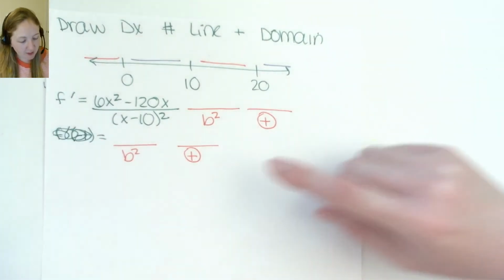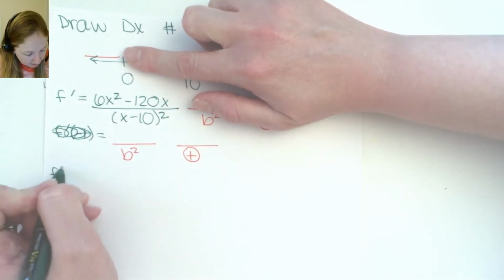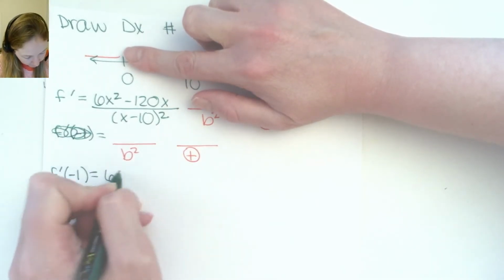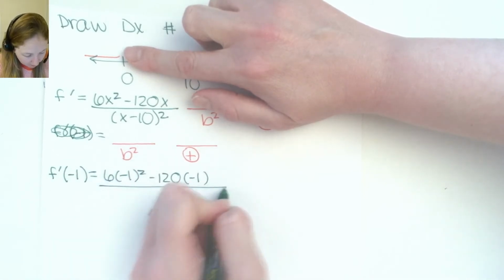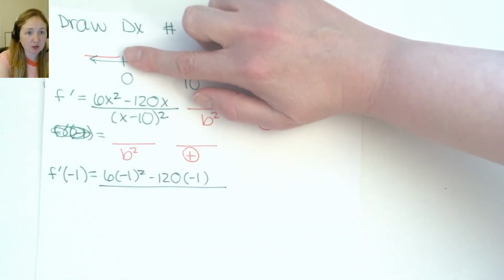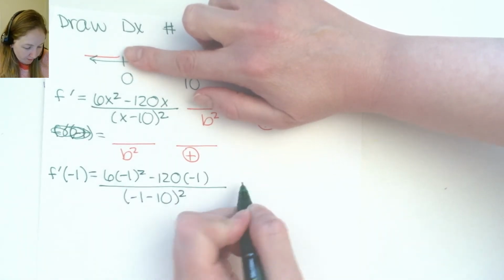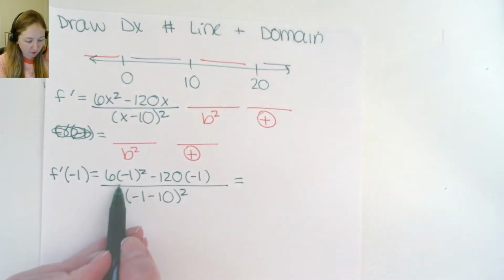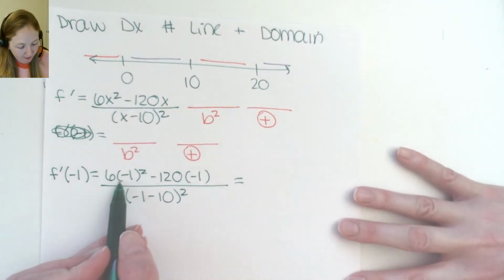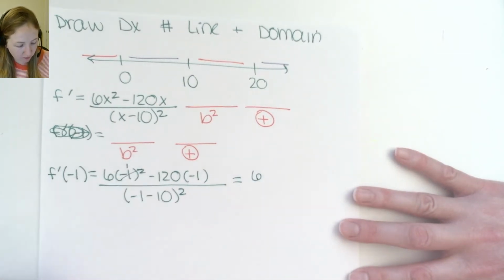All right, so here for the first interval from negative infinity to 0, I'm going to plug in -1. And again, I don't put the -1 on the number line because everybody's going to potentially plug in a different number. So I have -1 minus 10 squared. All right, now be careful with your arithmetic. We do not want to mess this up here. Double check it as much as you need to. Here I have 6. So I'm going to have a 6, and then the -1 squared will give us 1.